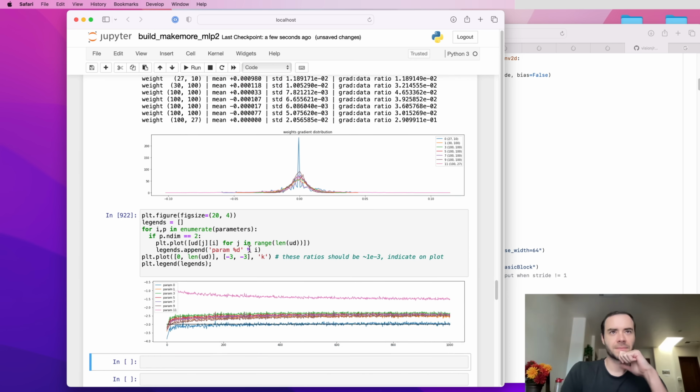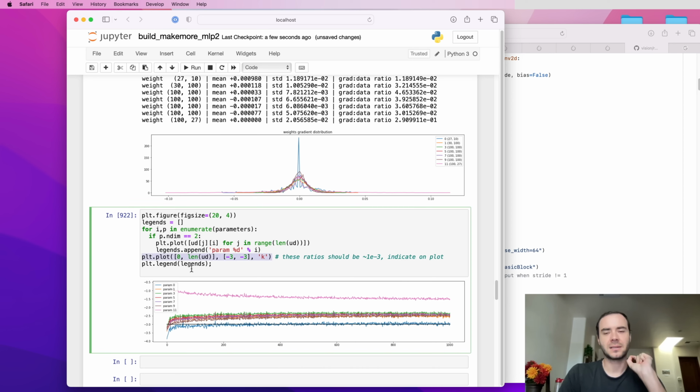When I plot those ratios, you can see that they evolve over time. During initialization, they take on certain values, and then these updates start stabilizing, usually during training. Then the other thing that I'm plotting here is an approximate value that is a rough guide for what it roughly should be. And it should be roughly 1e-3.